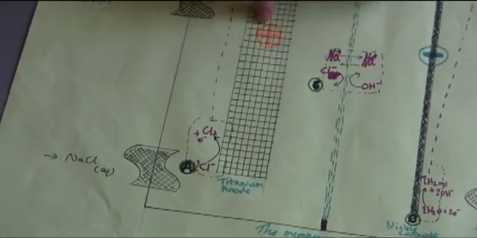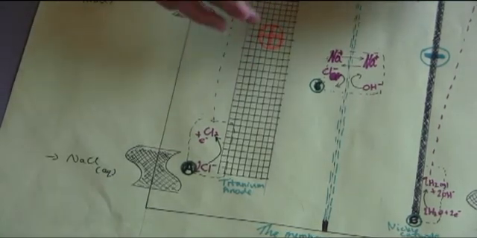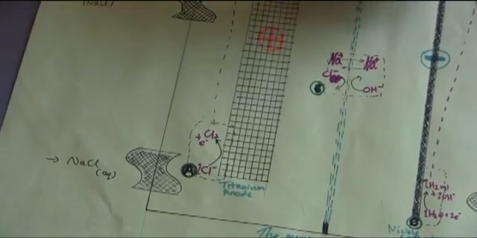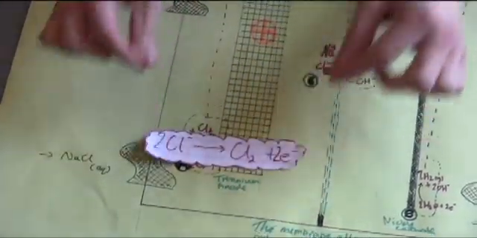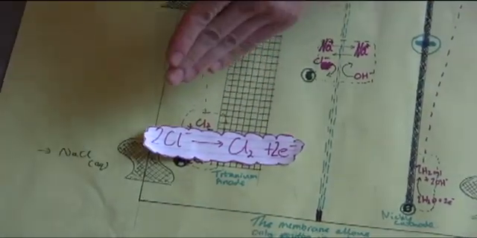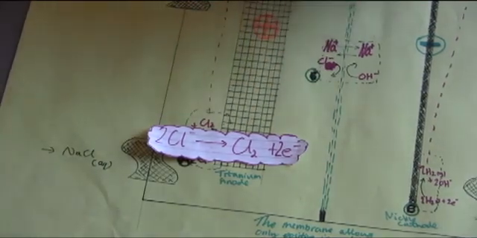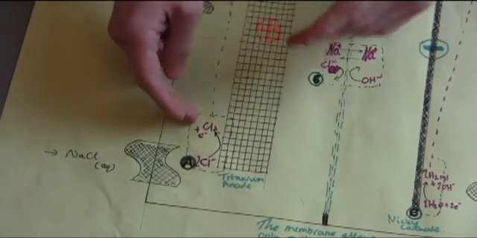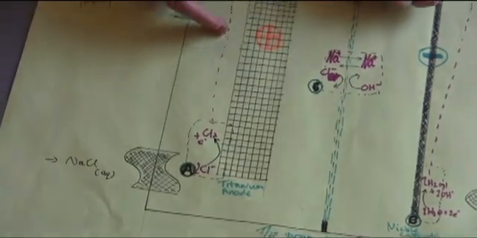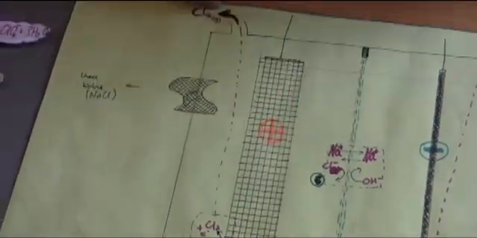It is important for the anode to be titanium because chloride ions are very corrosive. And the equation for this would be two chloride ions forming chlorine gas and 2 electrons. The chlorine gas that is produced comes up through here and is collected and stored here.